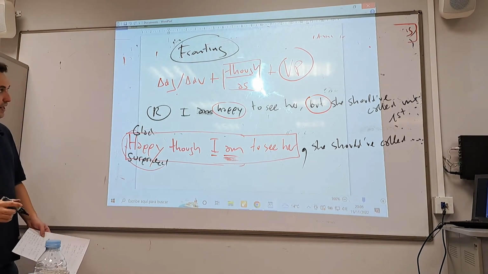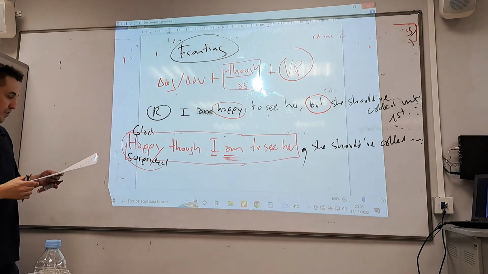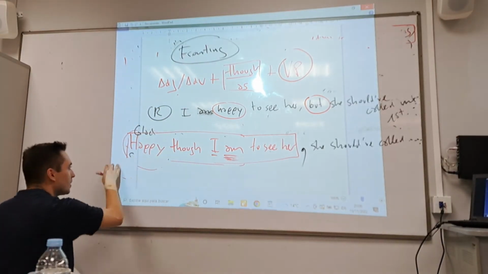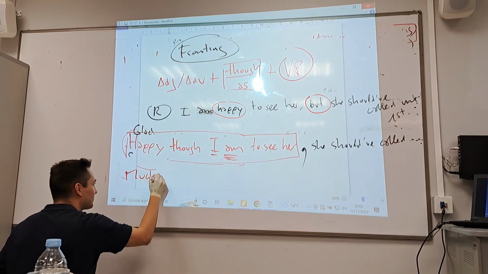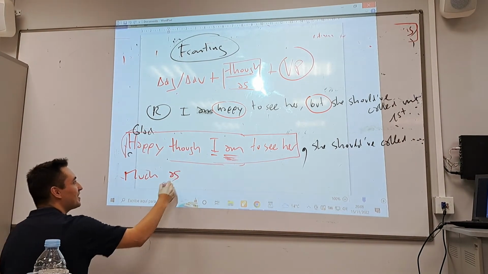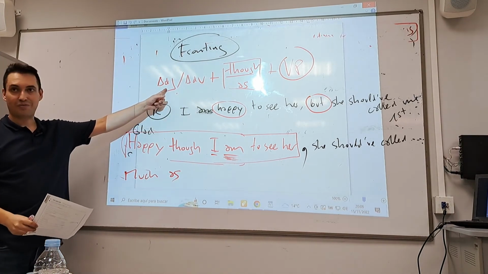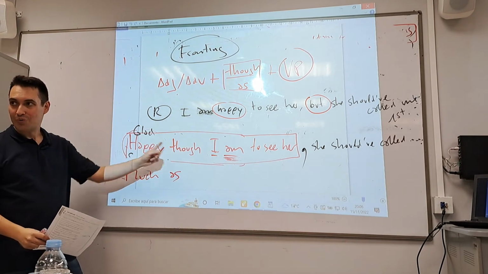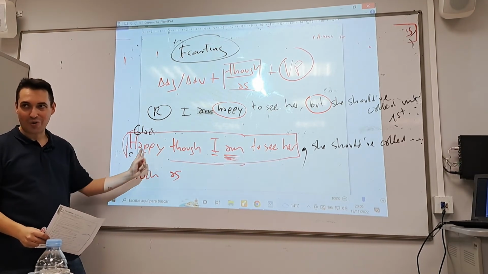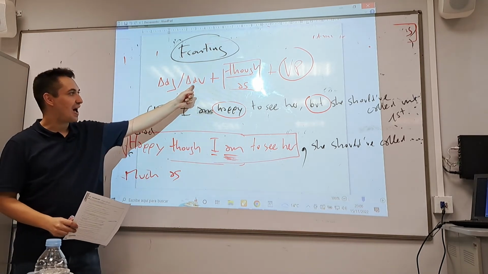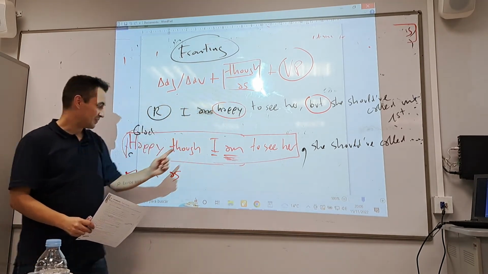Okay, another way to do it is with much, with an adverb. I'll give you much right now. Starting with much. Any ideas? Much as. Instead of adjective, though, happy though, this would be easier. Happy though. Adjective, though. You can also say adverb as.